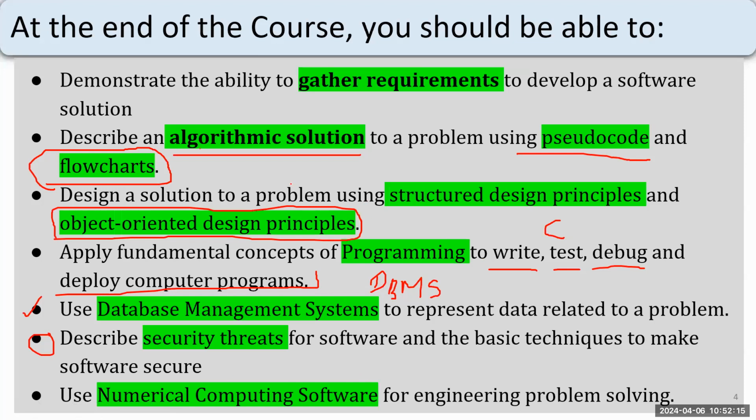And finally, in this course schedule, the numerical computing software. As you may know, especially in engineering, when you need to solve an engineering problem, you cannot do the calculation simply with a physical calculator.